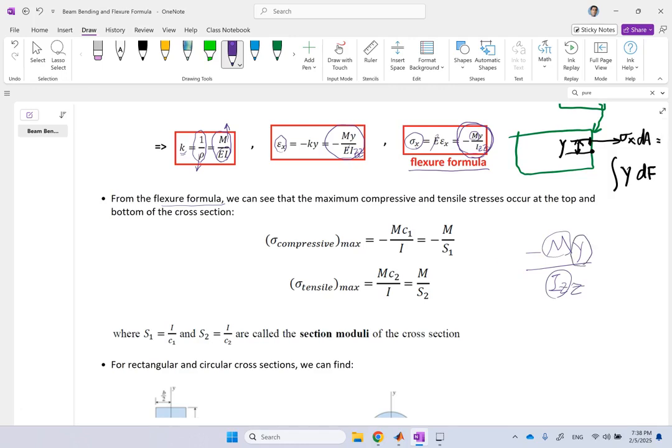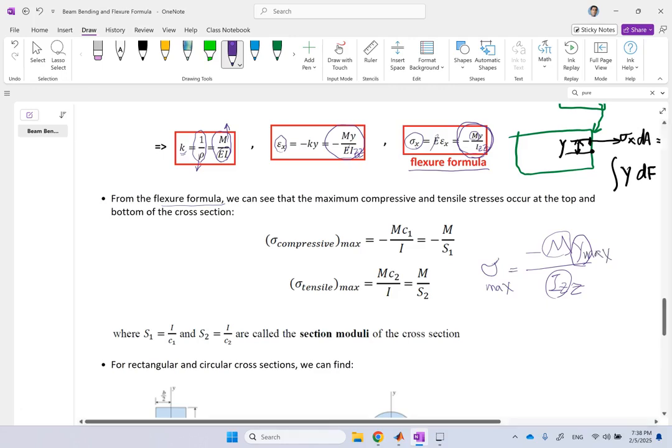So when sigma is like this, sigma max is going to be negative My max over IZZ. And since Y max could go both ways in magnitude, then this is like plus minus, like this. So at maximum positive Y value, we're going to have maximum compression.